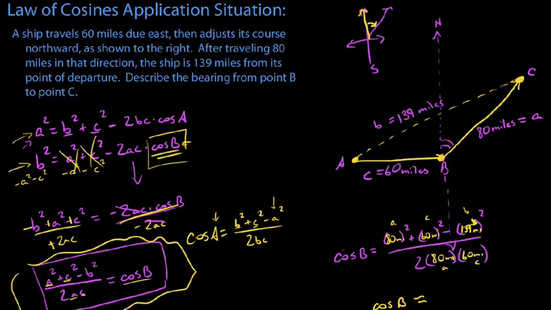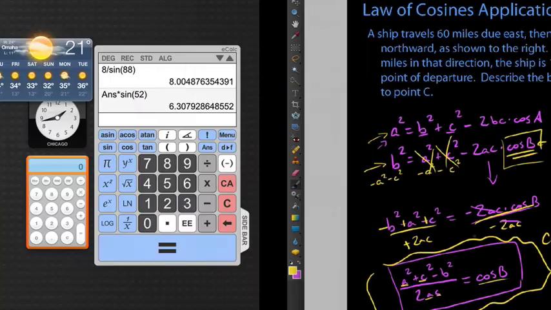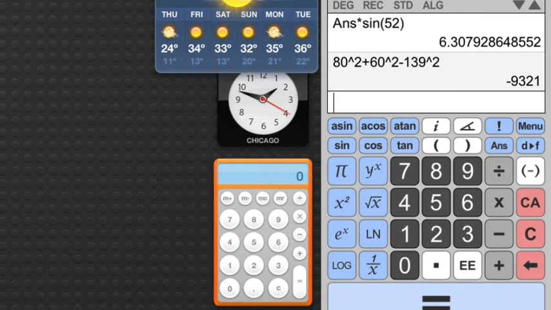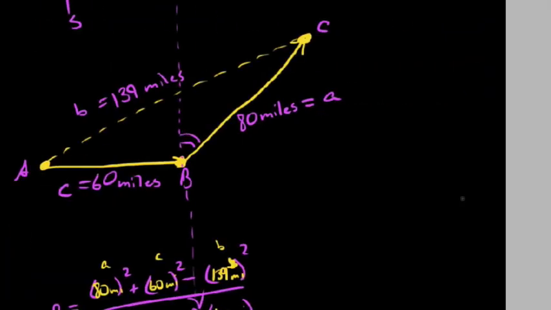We say 80 squared plus 60 squared minus 139 quantity squared. So on top we get 9321 and negative. Let me make sure I haven't typed in anything incorrectly here.